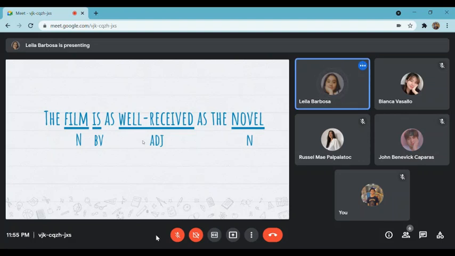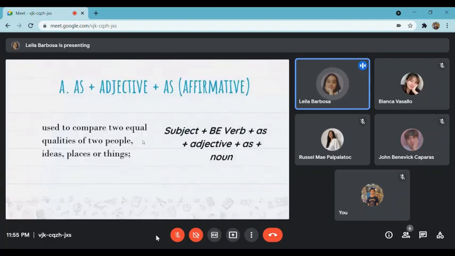Now, this phrase is an example of our first comparative form, which is as plus adjective plus as. This comparative form is used to compare two equal qualities of two people, ideas, places, or things. So in the phrase, the film is as well received as the novel, the comparison form used to show the similarity between the film and the novel is the as plus adjective plus as form.